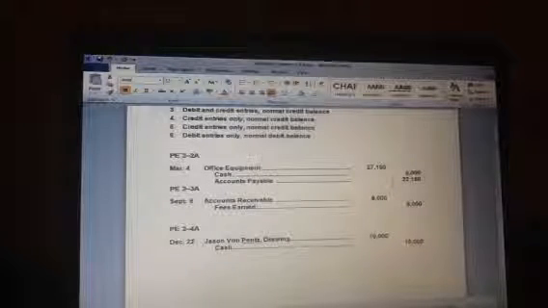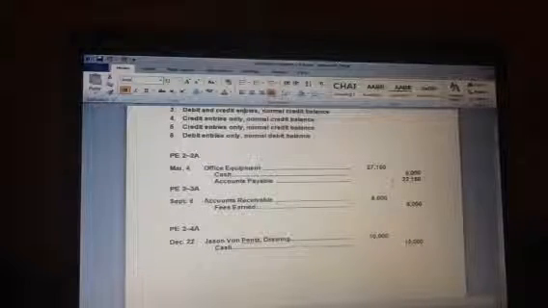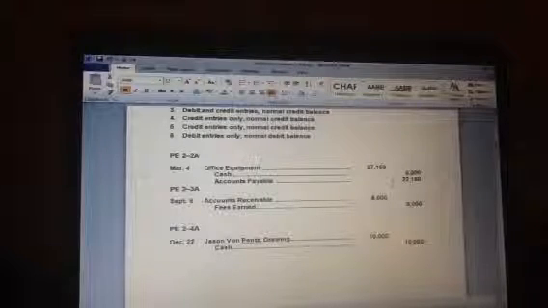You would write it first, and its amount, $27,150. We paid $5,000 cash for that, so cash would be decreasing. Cash is decreased with a credit. So on the next line, you would indent and write cash, and then you would credit that for $5,000.